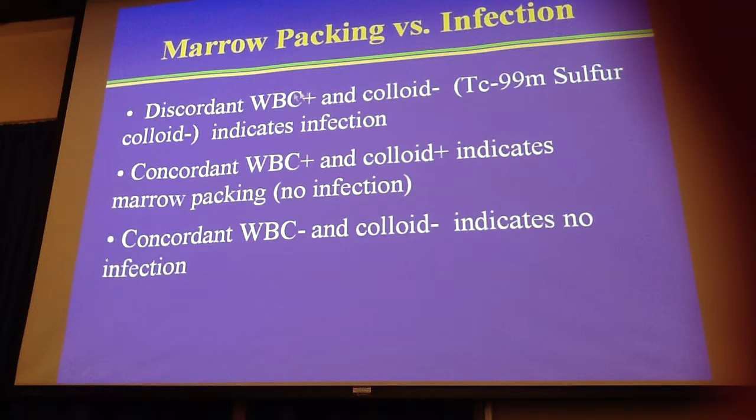Discordant means that one is positive and the other is negative. Positive means you have an abnormal accumulation of white blood cells, and the sulfur colloid is negative, so that's definitely an infection.